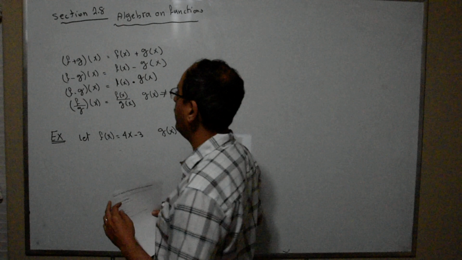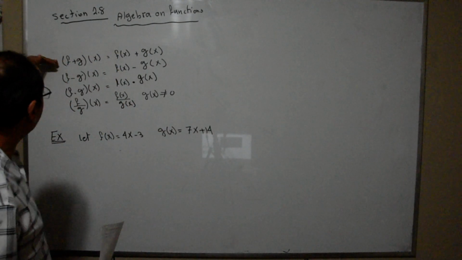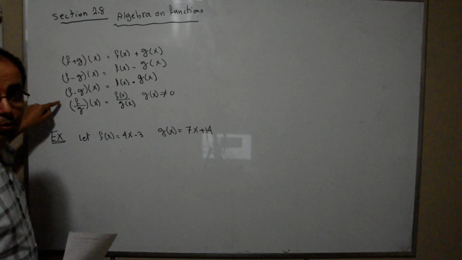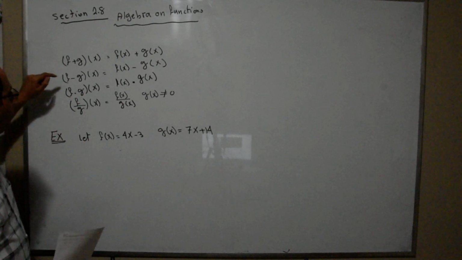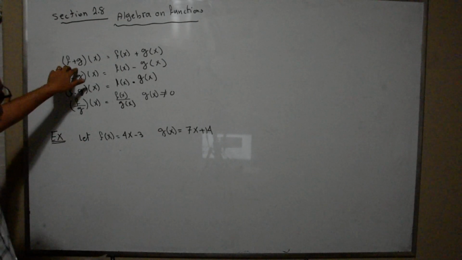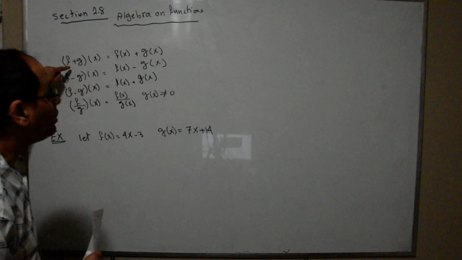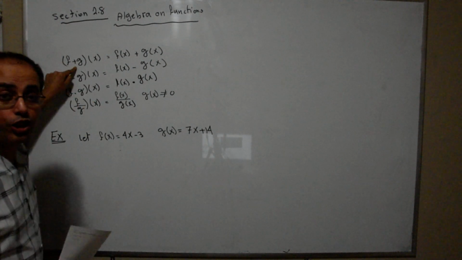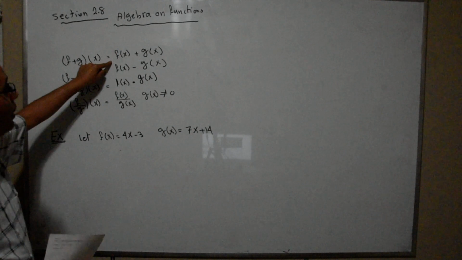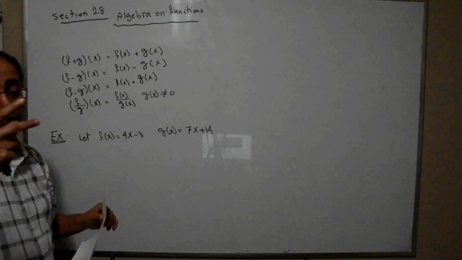So we're going to start with the simple operations. We have addition, subtraction, multiplication, and division. So first of all, when we need to add two functions, we write it in this way: f plus g of x equals f of x plus g of x. We add the two functions together.